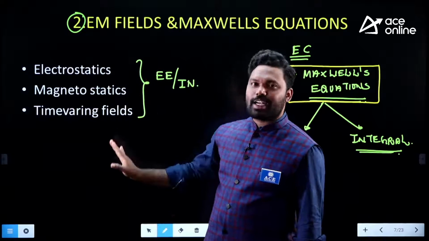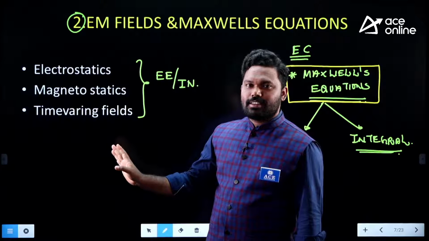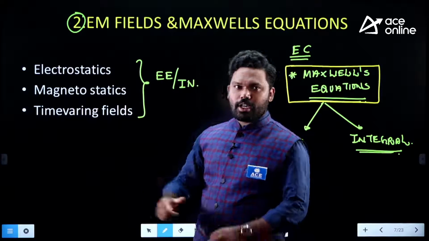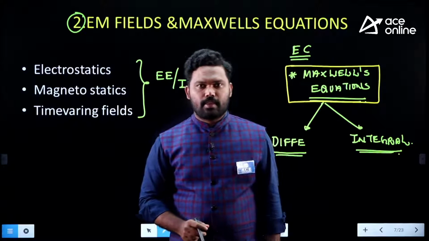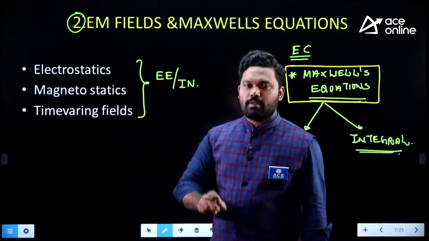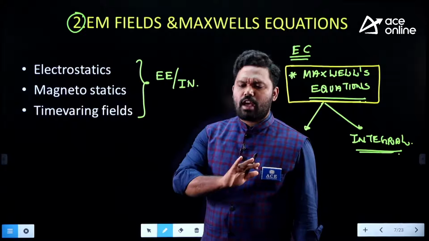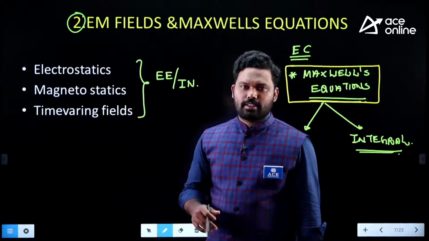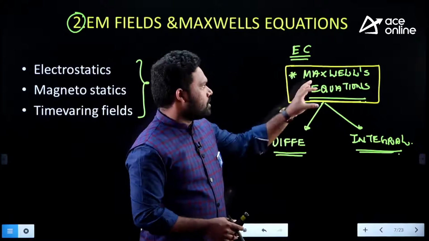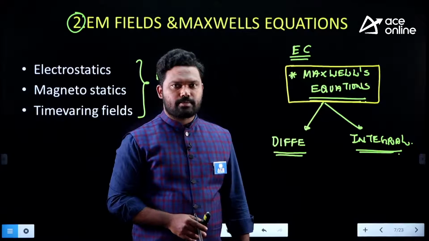Don't read all of electrostatics and magnetostatics while you are focusing on Maxwell's equations, especially for the EC students. Just pick the concepts, have an overview. Once you do this, obviously you will be in a position to understand Maxwell's equations.